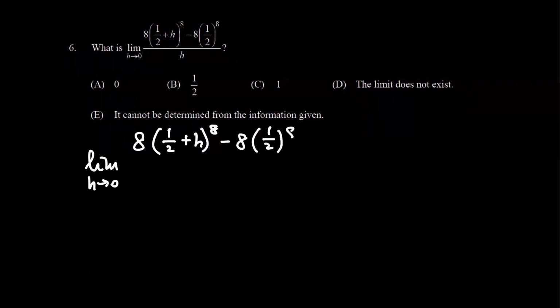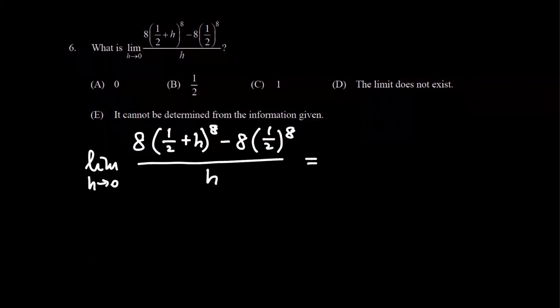But let's try to just plug in h equals 0 into this expression. And so we have limit as h goes to 0 of 8 (1/2 plus h) to the power 8 minus 8 (1/2) to the power 8, divided by h.